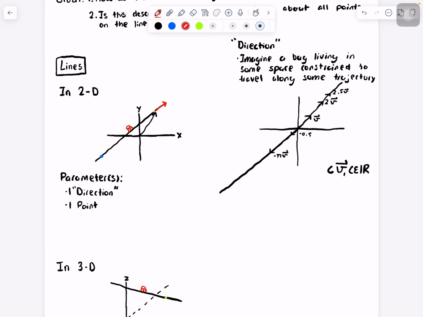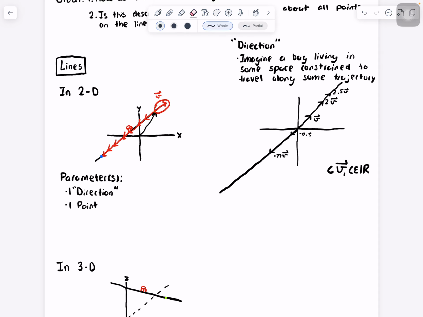So in this case, maybe I can take 1, 2, 3, 4, 5, 6, like 6.5, right? So this is my original vector I defined, let's call this one V. I'm using negative 6.5 V to get to that blue point.